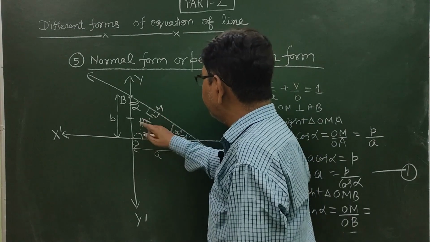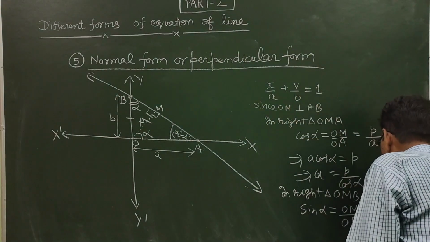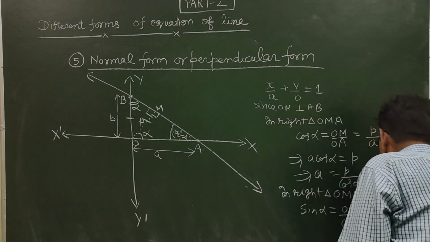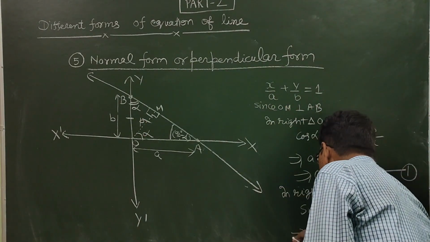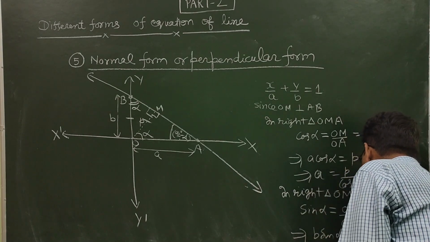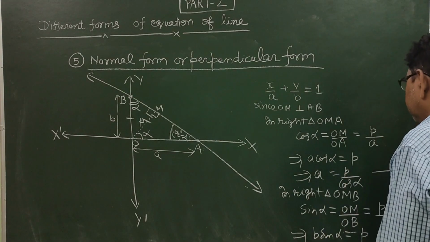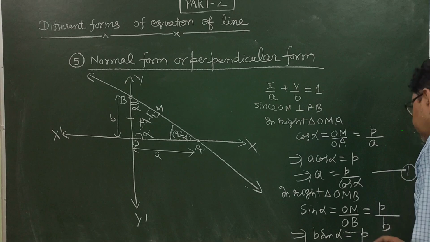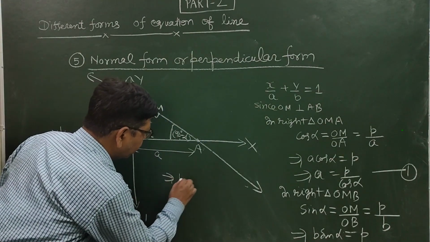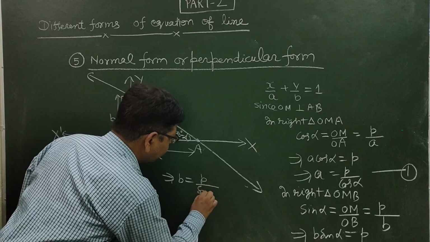OM is equal to p and OB is equal to small b. So b sine alpha is equal to p, or we can say b is equal to p upon sin alpha.